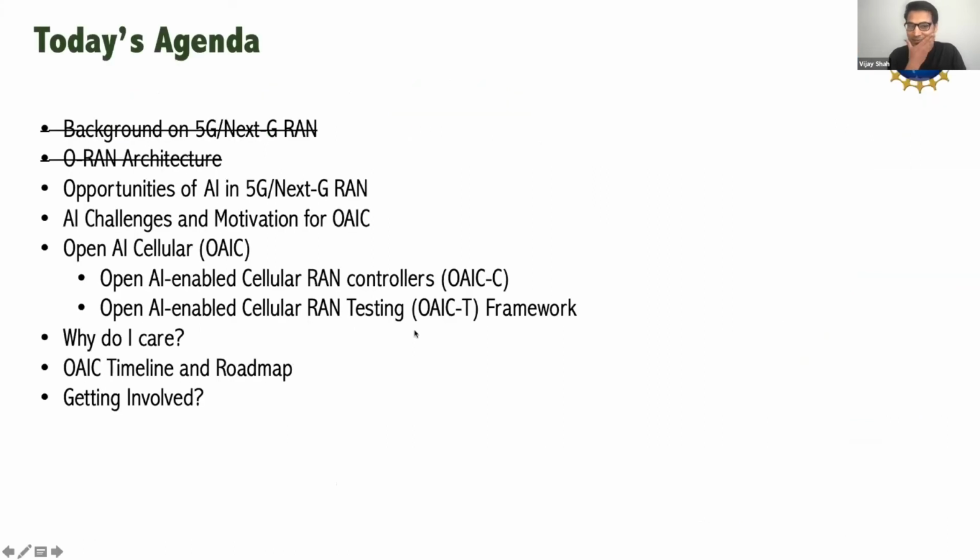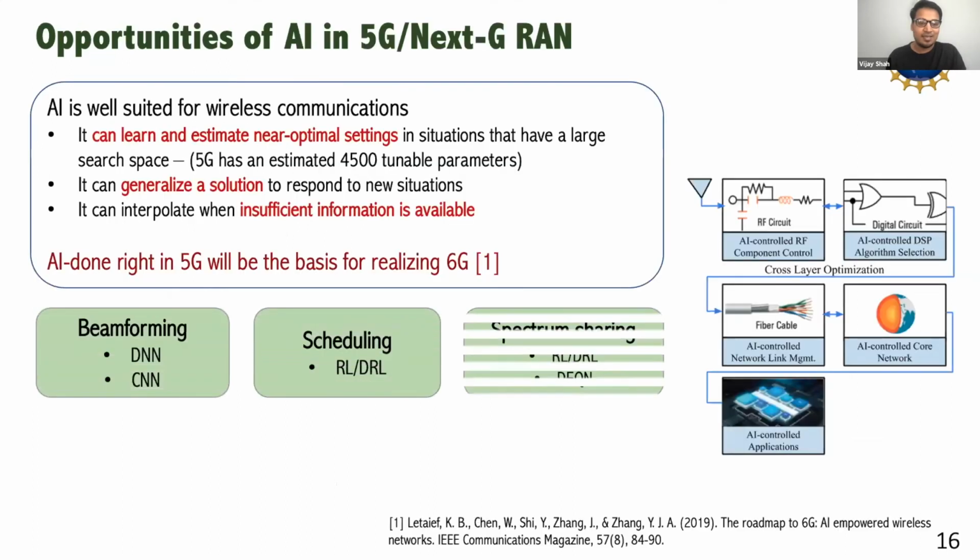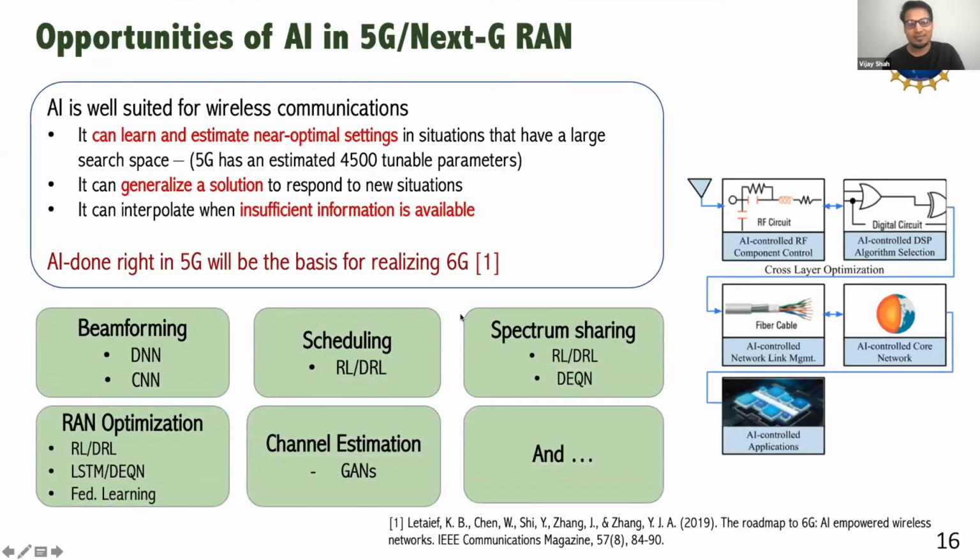Okay, I was planning to give a little background on O-RAN, and then I heard all these nice presentations. I said, no, that is not really needed. So let me go directly into the project. There is no denying here, right, that AI is well suited for wireless communication for many different reasons. And I have listed some of them: it can learn and estimate near optimal settings, especially in 5G kind of settings where you have so many different parameters to tune.